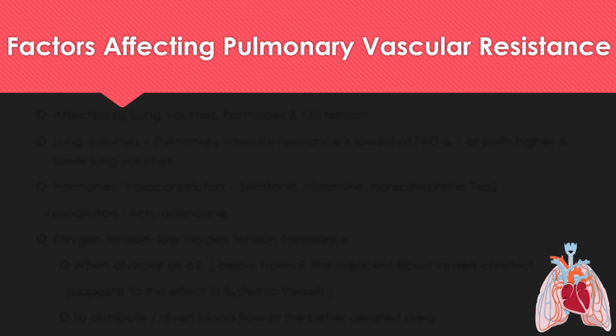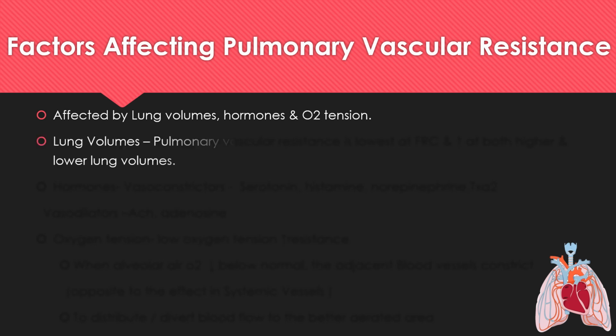What are the factors that affect the pulmonary vascular resistance? It is by the lung volume, hormones, and the oxygen pressure, or the oxygen tension. For lung volumes, pulmonary vascular resistance is lowest at the functional residual capacity, and it increases at both higher and lower lung volumes.